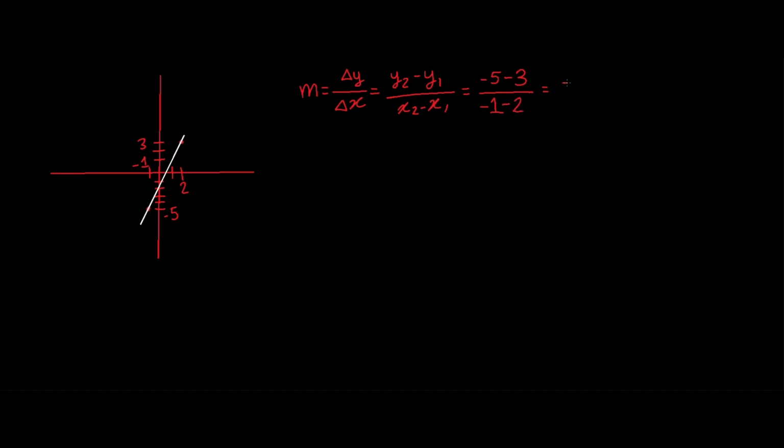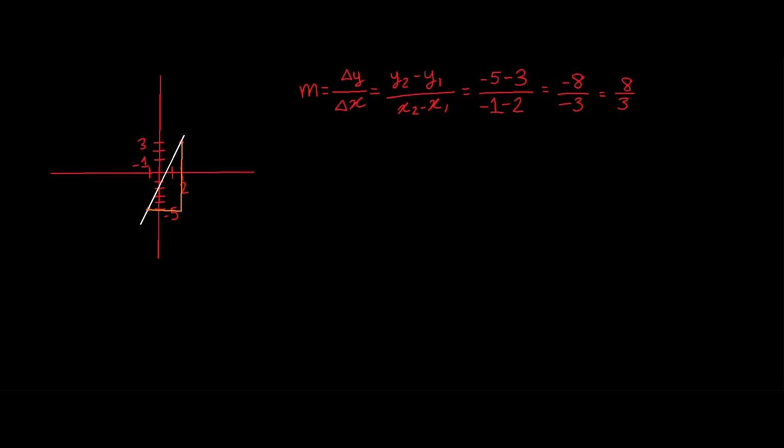So this would equal -8 over -3, which is equal to 8/3. We can see that's true because if we looked over here, the change in y is 3 plus 5, which is equal to 8, and the change in x is equal to 2 plus 1, which is equal to 3.